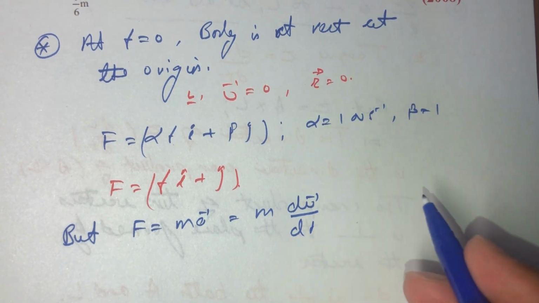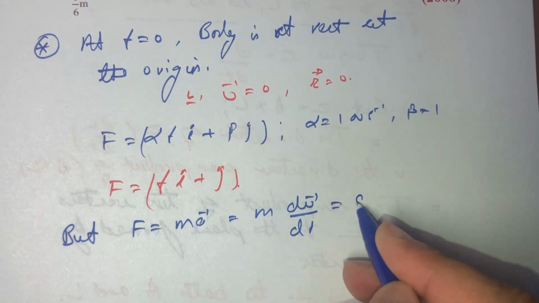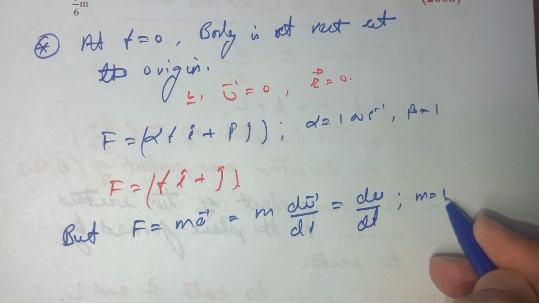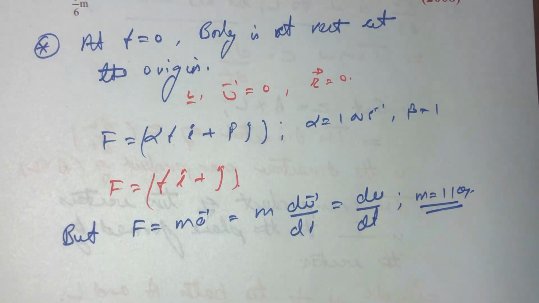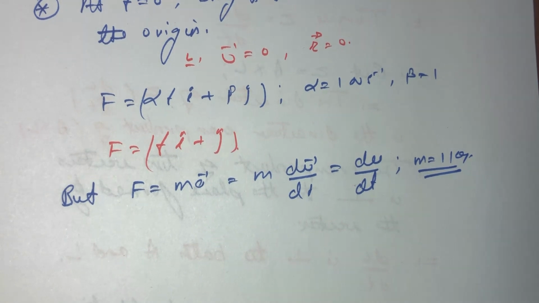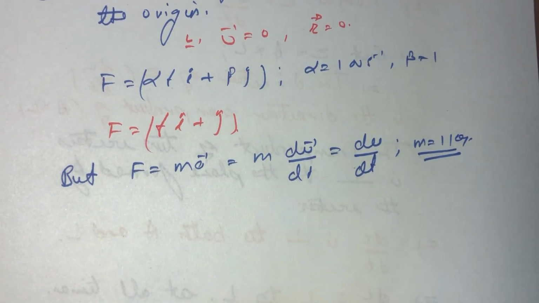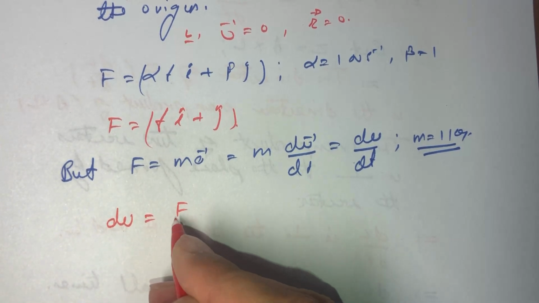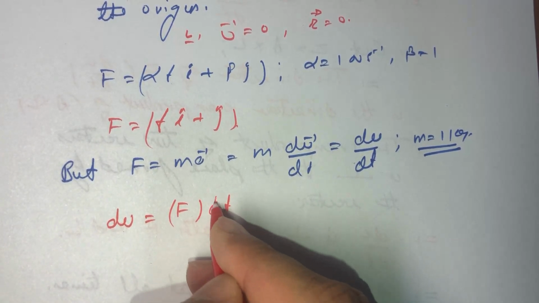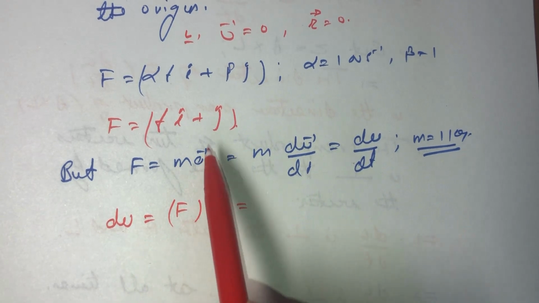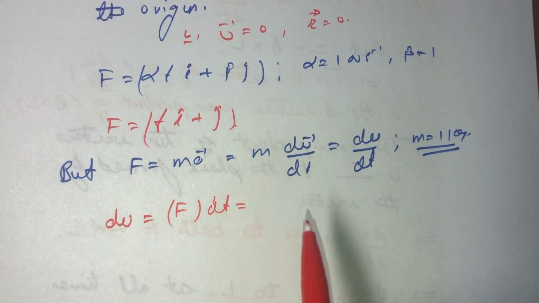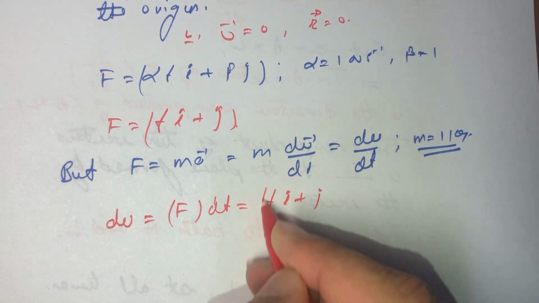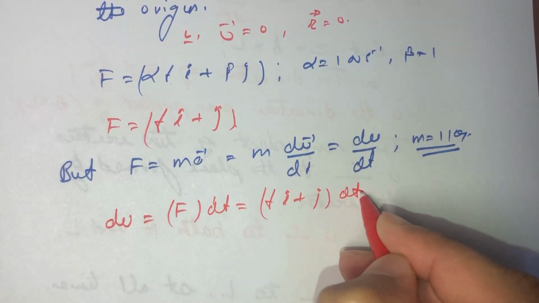Mass is 1 kg, so we get dv/dt. We can write this equation as dv = F dt, substituting the value of F, that is t i + j. So this becomes (t i + j) dt.